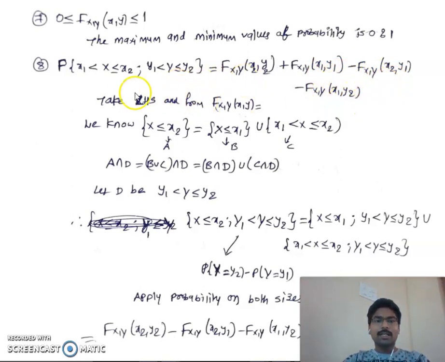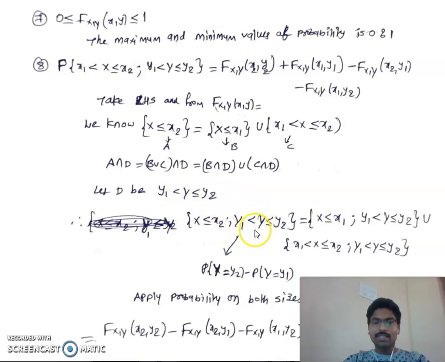To prove this, we know that X less than or equal to x2 is equal to X less than or equal to x1 union x1 less than X less than or equal to x2. We have seen this in the previous property. Here D I am taking as y1 less than Y less than or equal to y2, and now it is an intersection.